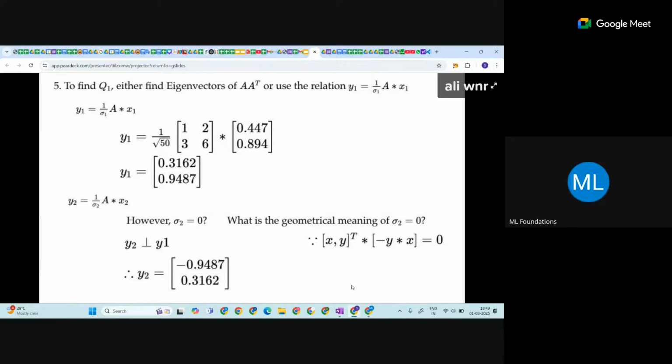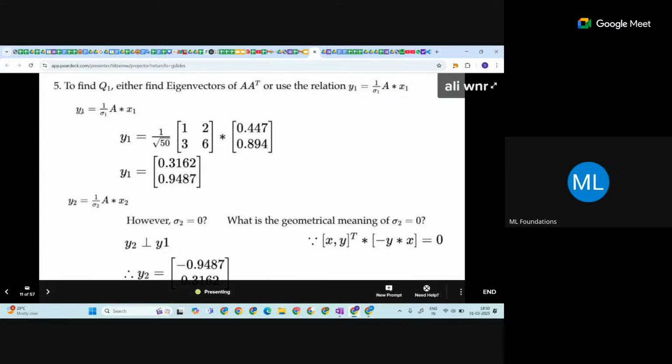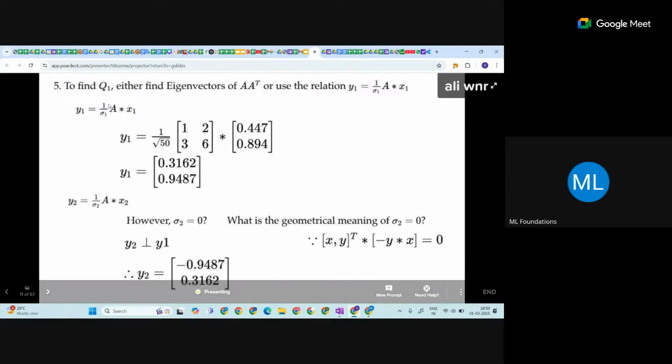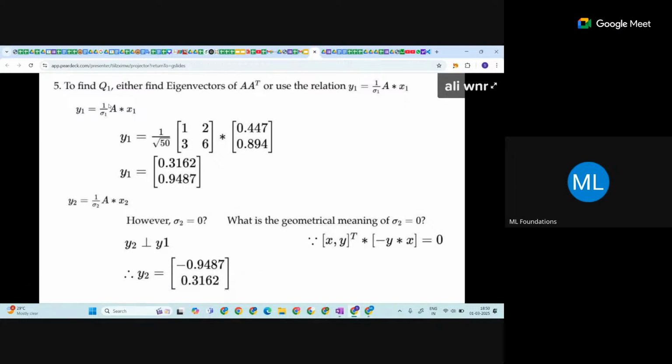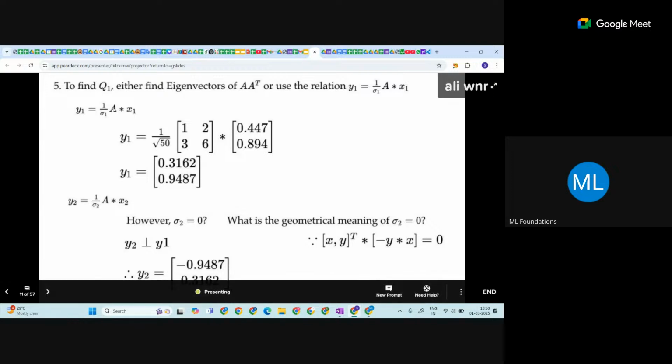So the formula is here. To find Q1, we used this formula: 1 upon sigma 1, where sigma 1 is already the singular value, times A times x1, the normalized eigenvector for 50.